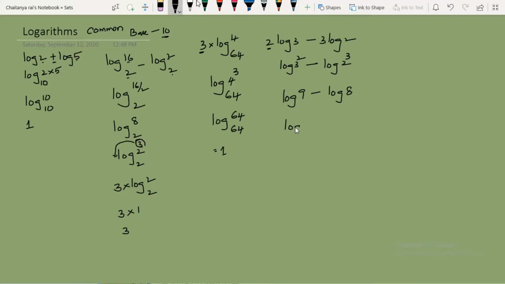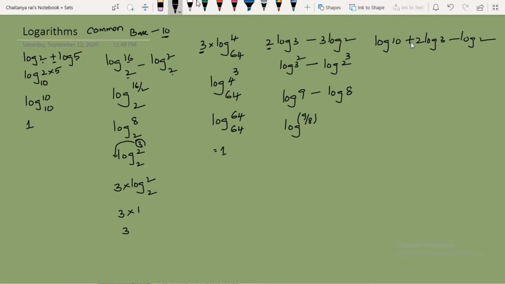And one more we are going to see, that is log 10 plus, no, it is 2 times log 3 minus log 2. Here we have 3 individual logarithms connected by plus and minus.